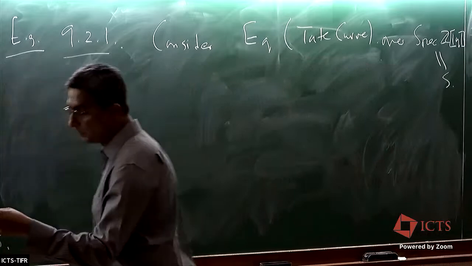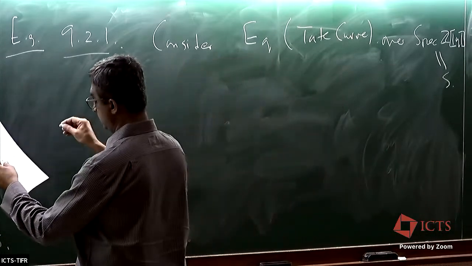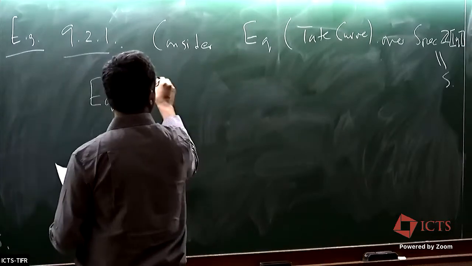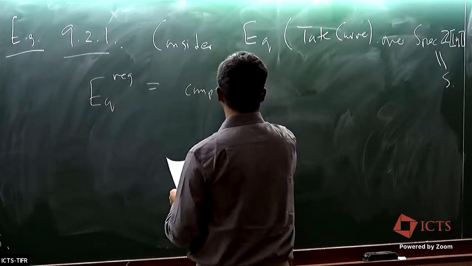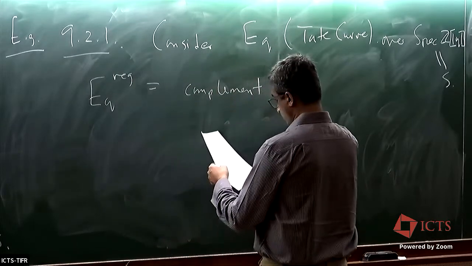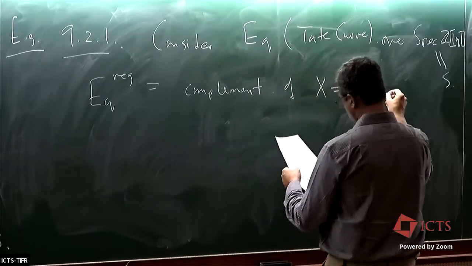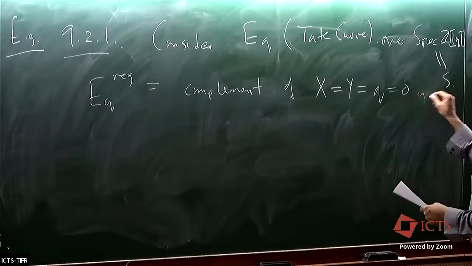So let's look at it as a scheme over that and define E_q reg to be the complement of X equals Y equals q equals 0 in E_q.